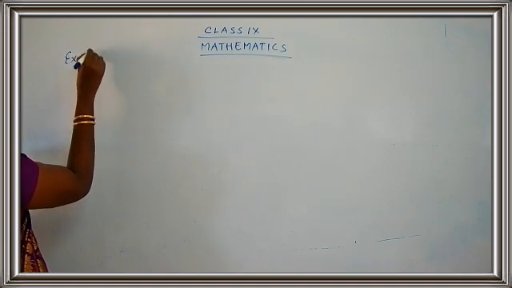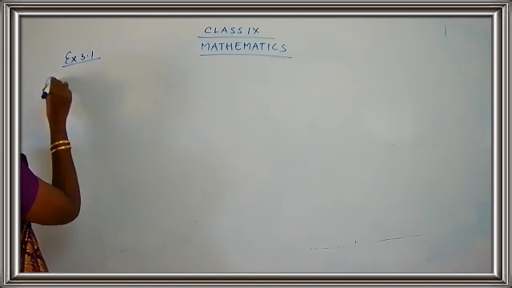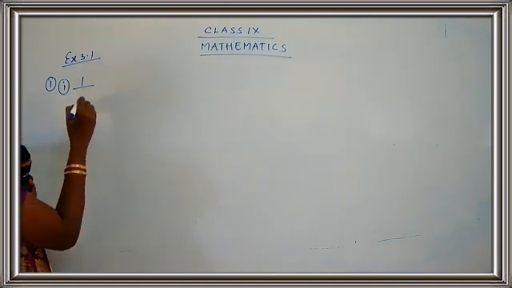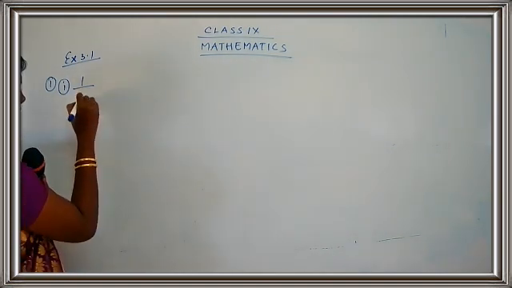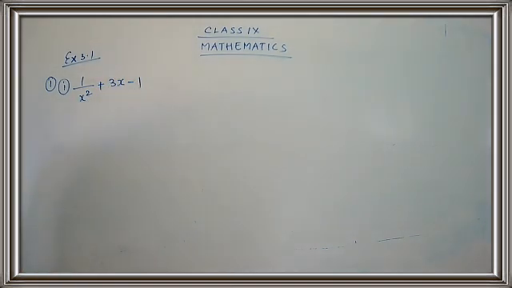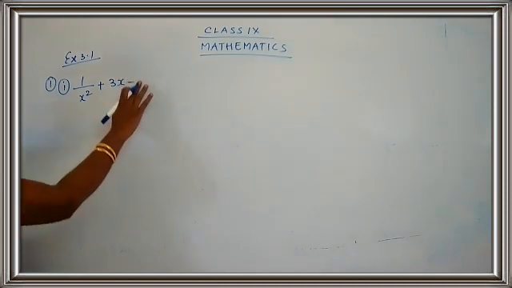Exercise 3.1, question number 1, the first sum. 1 upon x square plus 3x minus 4.